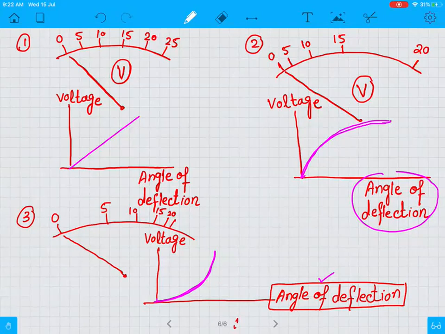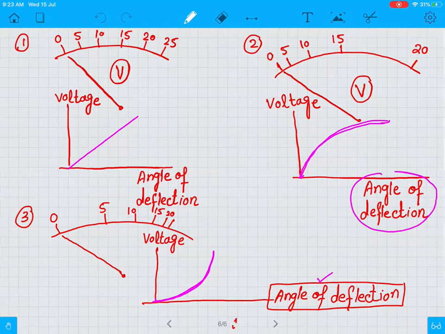Same is for an analog fuel meter of a vehicle, in which the volume of the fuel is the actual quantity and the angle of deflection will be the apparent quantity. So we can use any of the analog meters as example. And for all the analog meters, the angle of deflection will be the apparent quantity.